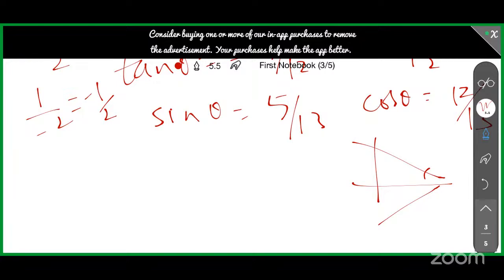Are you understanding my point? So if I'm telling you tan is negative, the first quadrant also is rejected. So the possible values of my angle are either the second quadrant or the fourth quadrant. And what happens when I take my angle in the fourth quadrant?